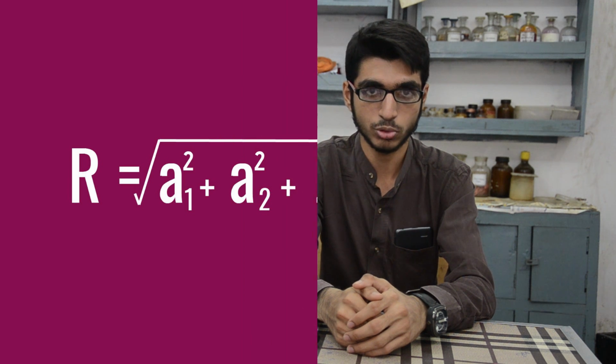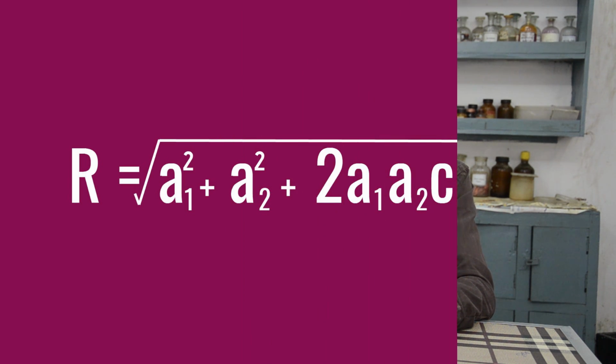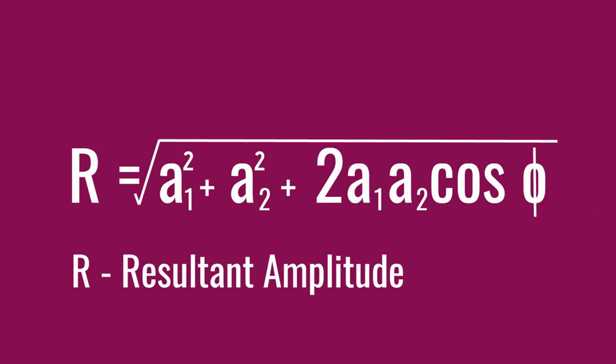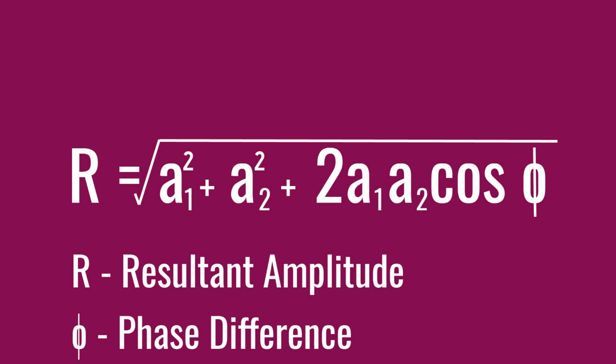According to the principle of superposition of waves, the resultant amplitude of the two waves interfering with each other is given by the formula R equals square root of A1 square plus A2 square plus 2A1A2 cos phi. R is the resultant amplitude. Now what is this phi? Phi is the phase difference between these two waves.